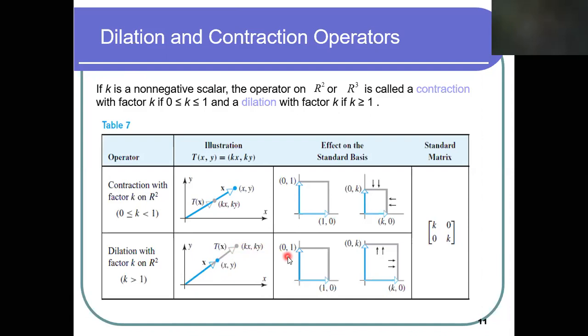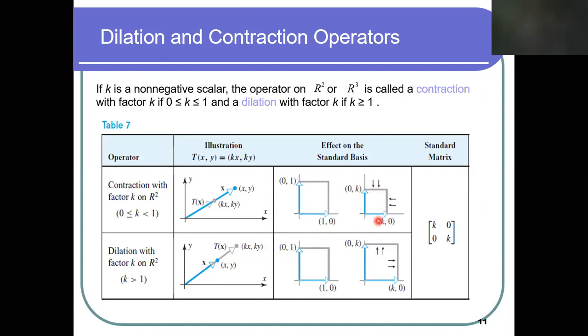If we take the unit square and apply some positive constant k, then the area of this square will increase compared to the area of the square in case of contraction.